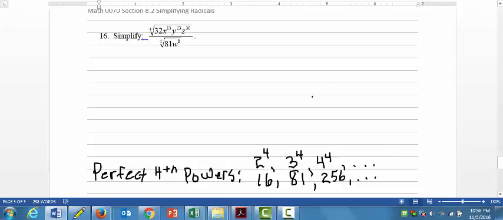So I noticed that in this particular example, 32 can be rewritten as 16, which is one of my perfect fourth powers, times 2. So I always want one of the factors to be on my list of perfect nth powers.